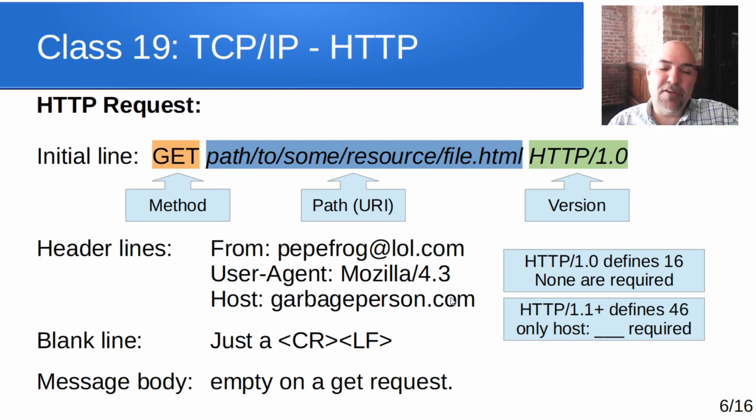So it allowed one server to serve web pages for multiple domains that were all still separated. And so HTTP 1.1 and later requires you to have that Host header field. And then we have the blank line by itself.